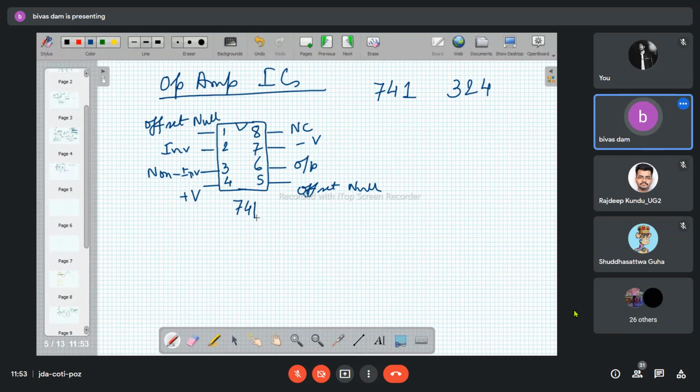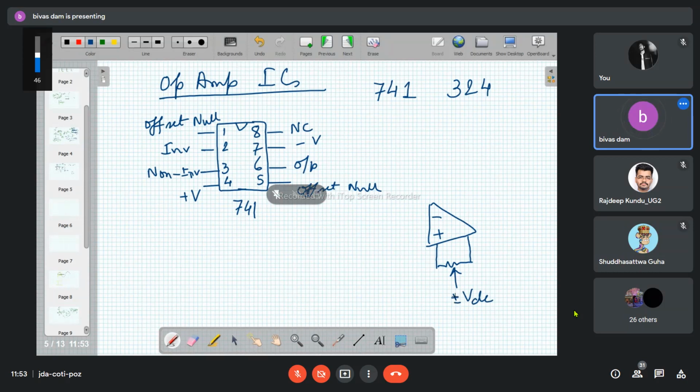So basically, the offset null terminal, if this is pin number 1 and if this is your pin number 5, through this terminal I may apply some DC voltage, plus or minus DC. It may be positive DC, it may be negative DC. But mostly this is one positive, negative DC.